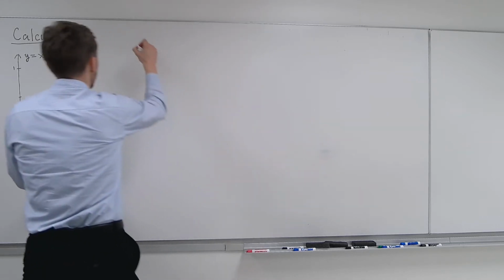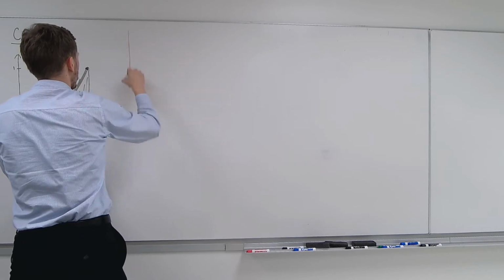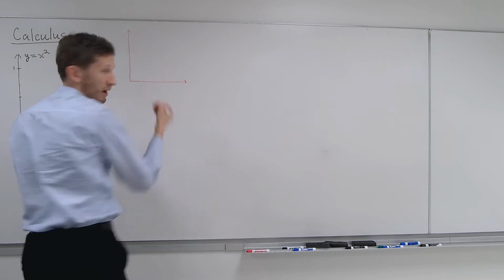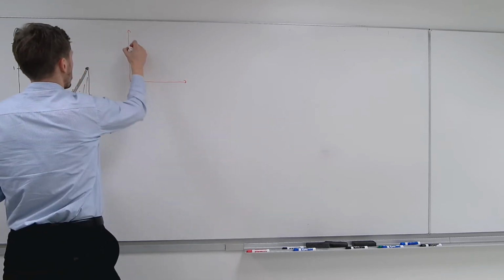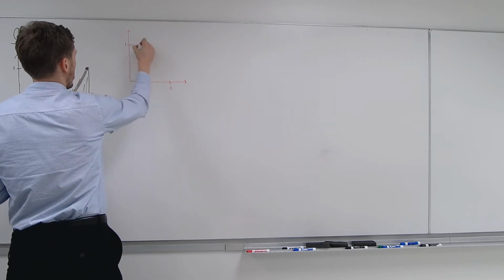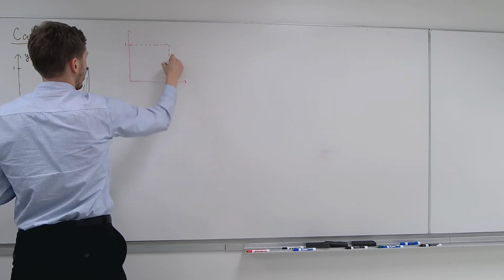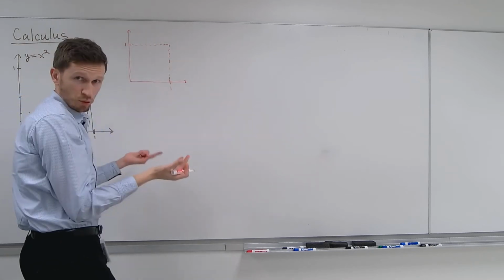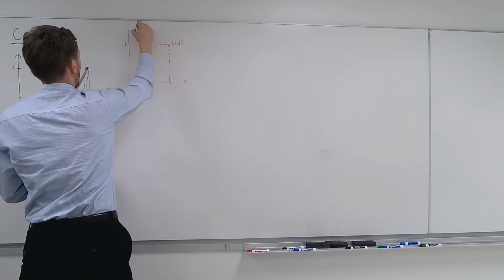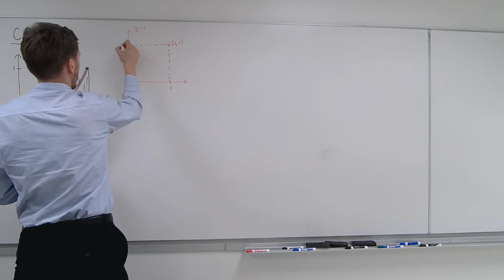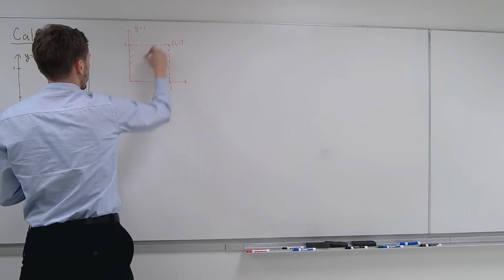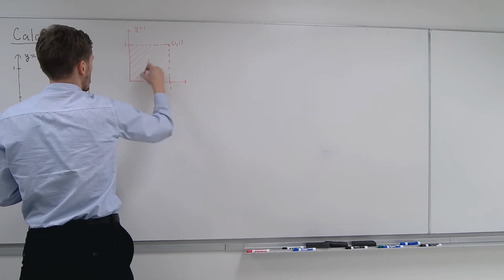So here is my line, let's say y equals 1. That's how I would initially, from 0 to 1, get a little picture of this square. This is the point 1, 1, and this is the line y equals 1 right here. And I'm going to say, look, the area of this is just 1, a 1 by 1 box, square.